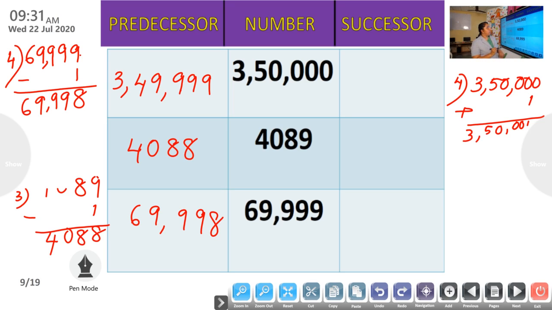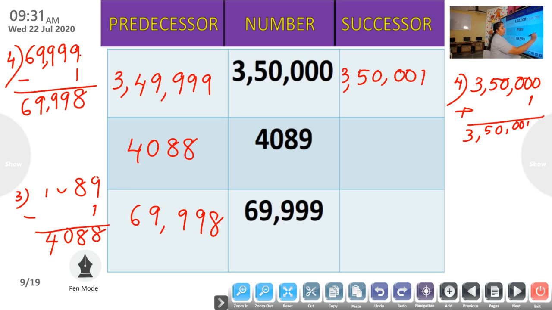So, what is the successor of 3,50,000? 3,50,001. Is it clear? Successor.